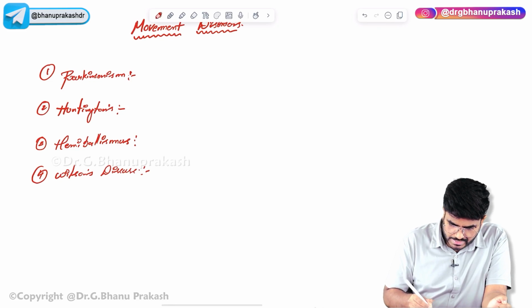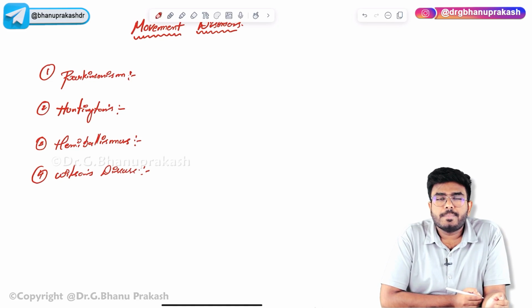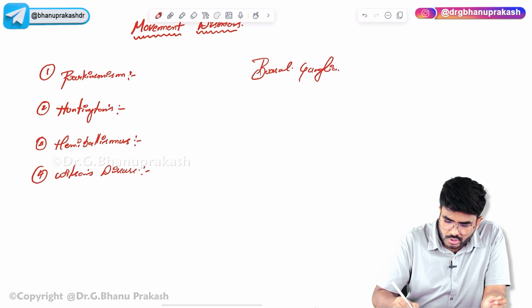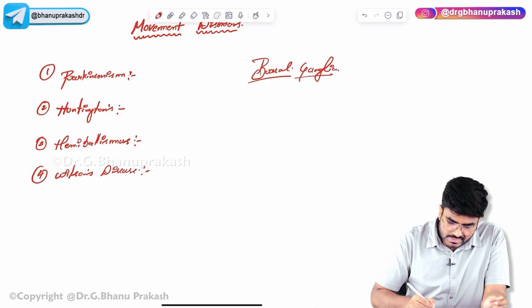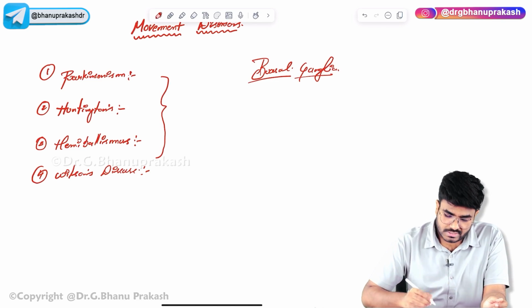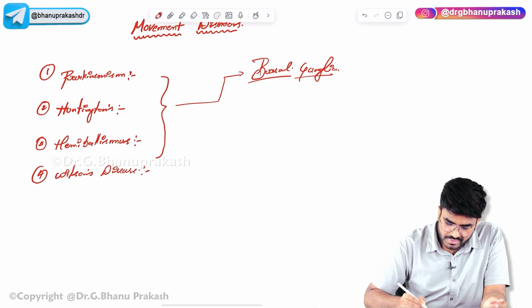Now in order to understand these four disorders, first you should know what the basal ganglia is. Why? Because in all these conditions there is damage to the basal ganglia.